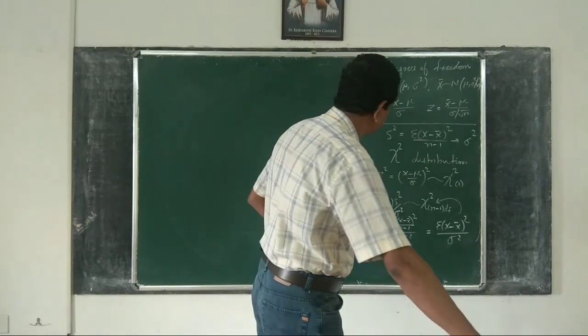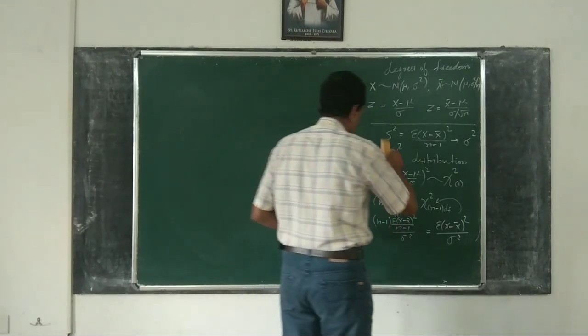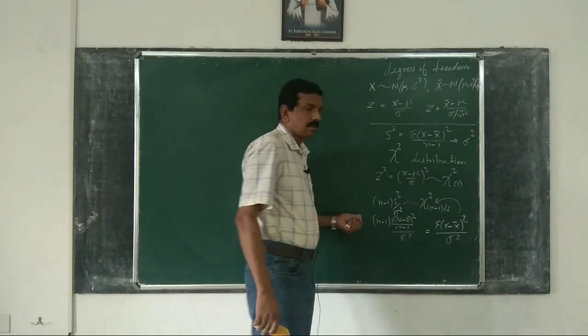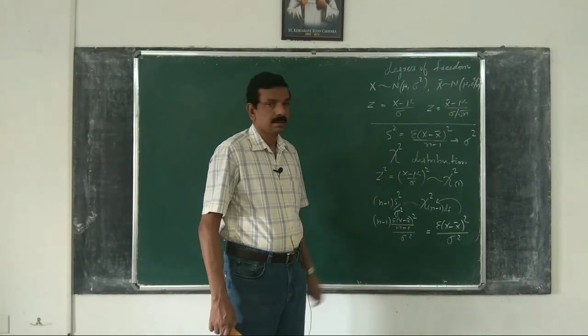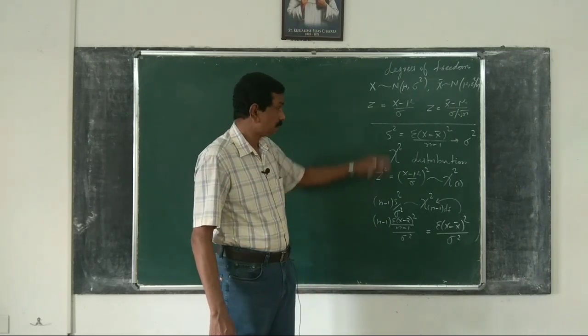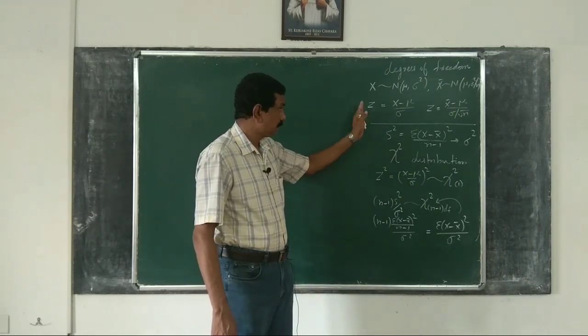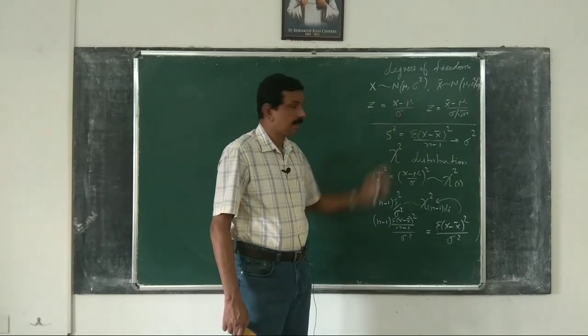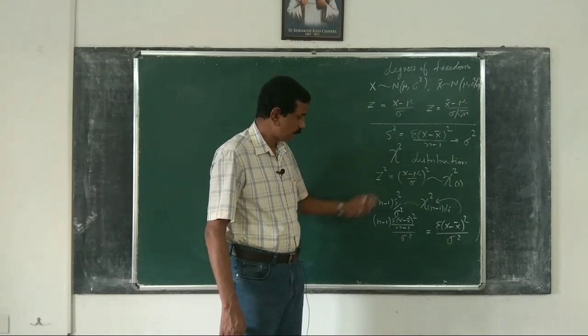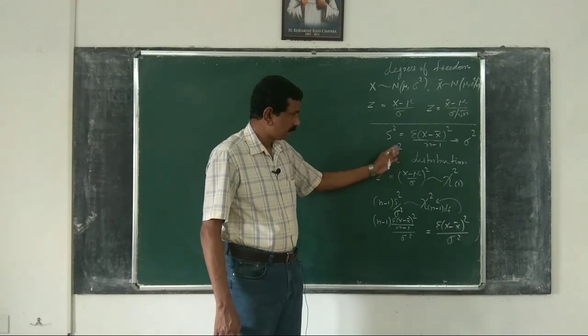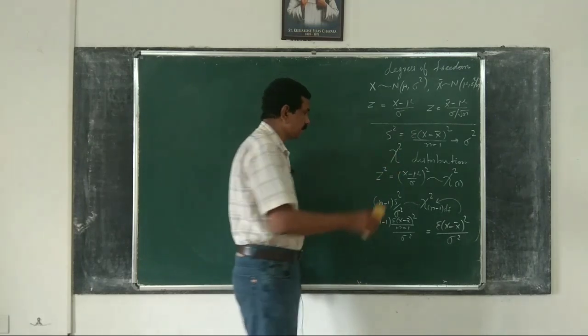So this is what is known as chi-square distribution. Chi-square distribution is nothing but the square of a standard normal distribution. And chi-square distribution is used to test the significance of population variance.